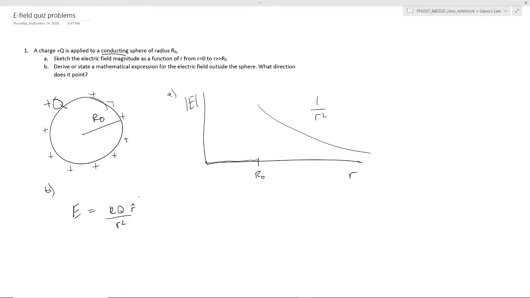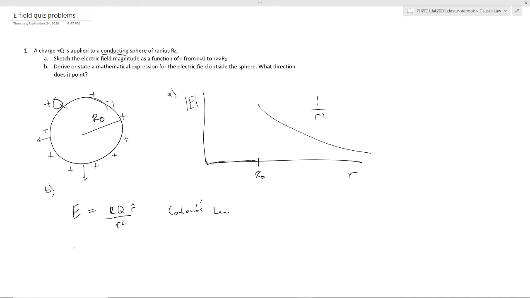Since it's a positive charge, the field is pointing away from it. Imagine that it's spherically symmetrical. So one argument would just be to say it's going to look like a point charge, see Coulomb's law.